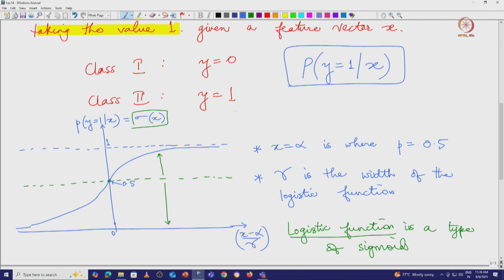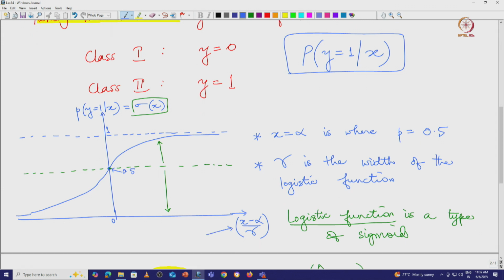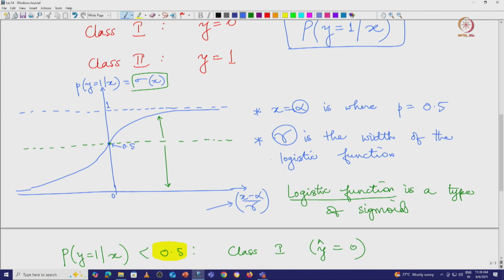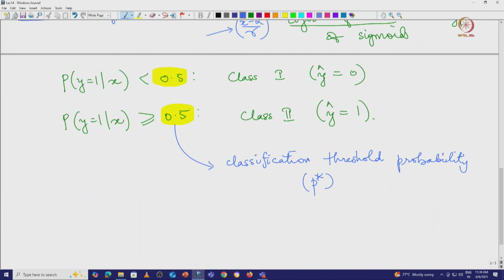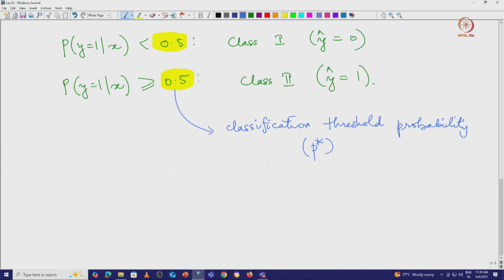So, instead of writing it as x minus alpha by gamma, the argument of the logistic function, which I basically did to give physical insight into alpha and gamma, instead you can write it in the more familiar form of a linear regression formulation. So, I will next write the probability of y equals 1 given the feature vector x as 1 over 1 plus exponential of minus beta naught plus beta transpose x.